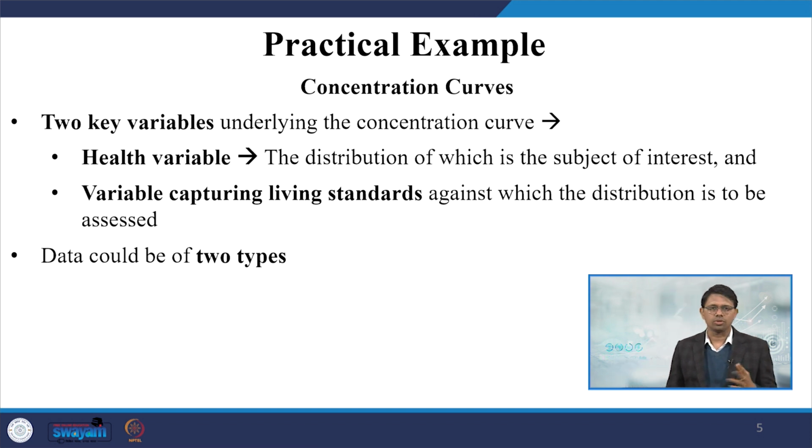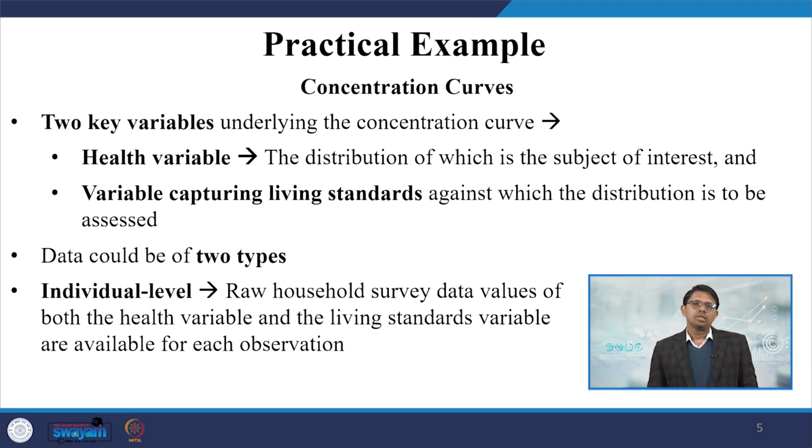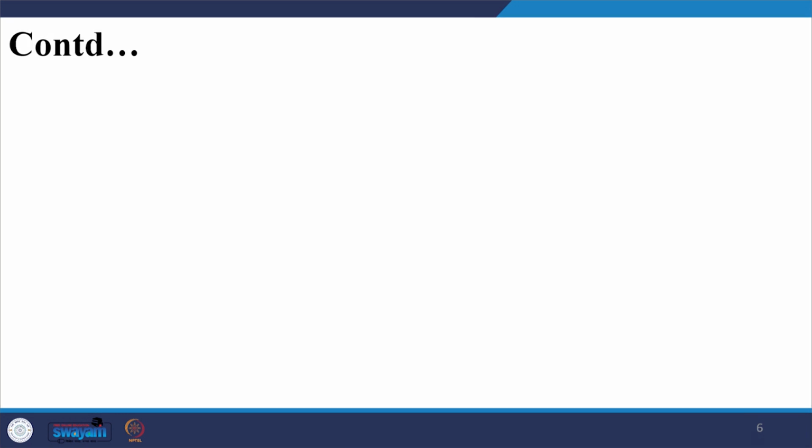Similarly, you can also relate to many other contexts like other social indicators. At the individual level we collect the data from the household, called raw household survey data, and these values of both health and living standard are available in different rounds of the large scale survey data which we have already discussed.